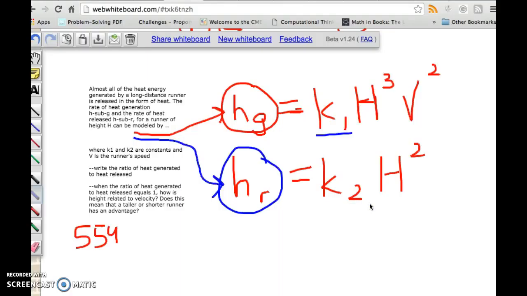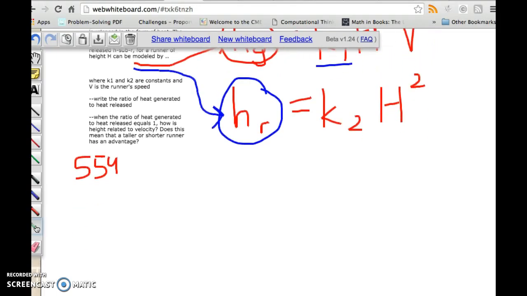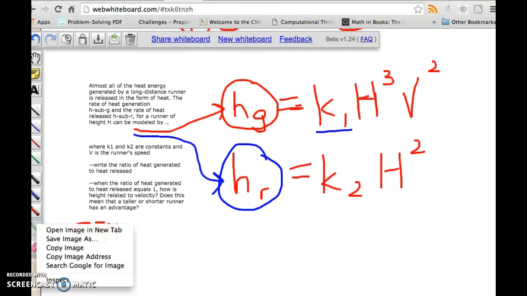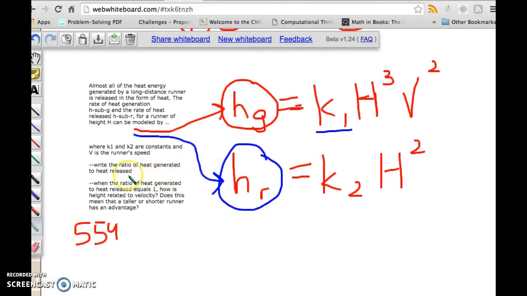So what's the ratio of heat generated to heat released? Well, that's easy enough to write as a rational expression. We just need to write the one fraction over the other fraction. The answer to this first question, number 50 in your book, is just this fraction here.